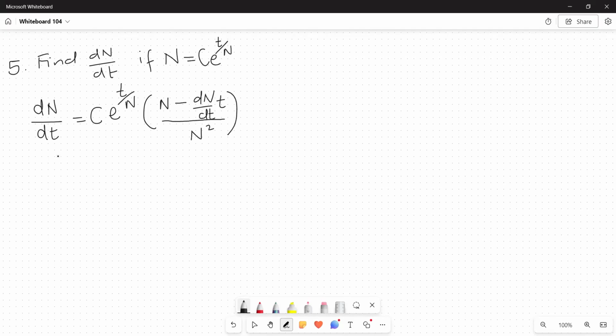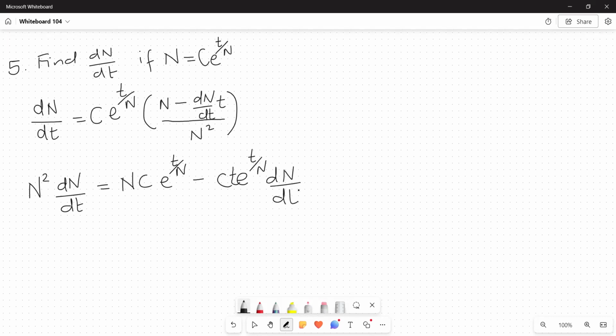We can multiply everything by n squared, so we have n squared dn/dt equal to nc e to the power of t over n minus c t e to the power of t over n dn/dt.